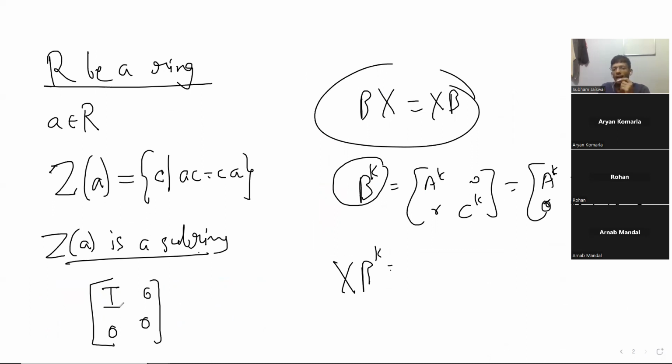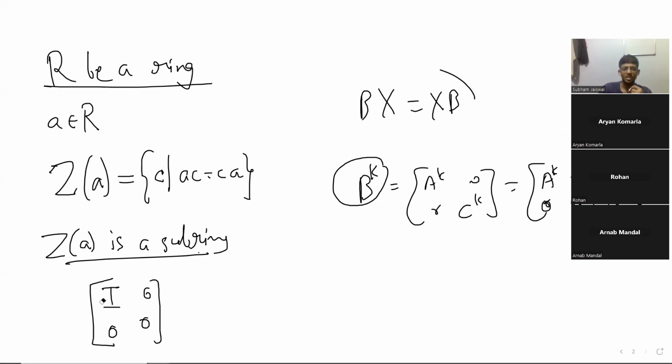I am not able to get that. That would be nice, but I don't think we can get that, because these are not invertible matrices. I was going to use B inverse, but B inverse doesn't make sense. It's not invertible.